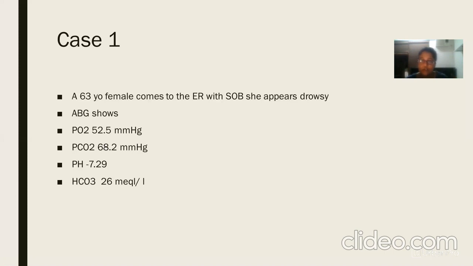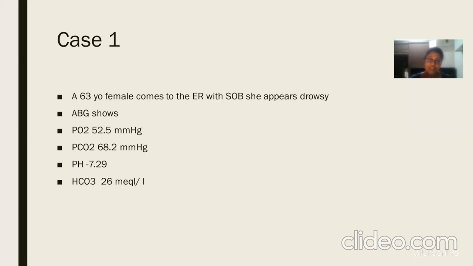Now we need to see if she has any feature of respiratory failure. So you're going to look at oxygen. If you look at oxygen, it is way lower than her ideal value, right? It's 52.5. Normal is 75 to 100. This tells me she is in a hypercapnic situation, which means high carbon dioxide and low oxygen. So hypercapnia, and she has respiratory failure type 2.